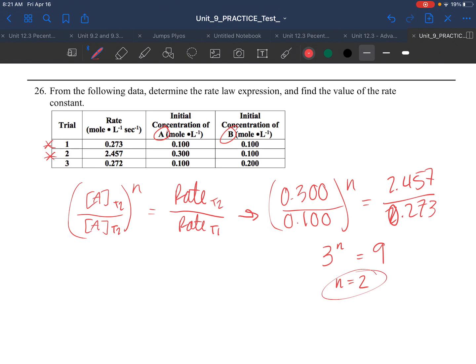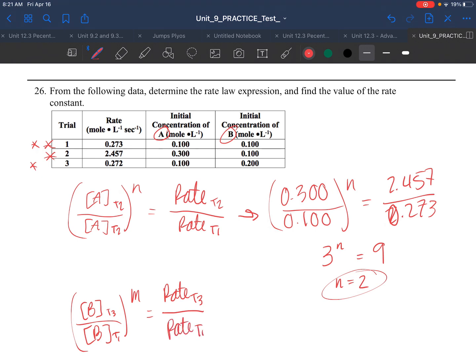For reaction order of B, set this up here. The ones I'm going to select for B are where A stays constant, so I'm going to do trials 1 and 3, but T3 has a higher concentration than T1, so I'll make sure to put that on top, just to make sure my math is a little bit simpler.